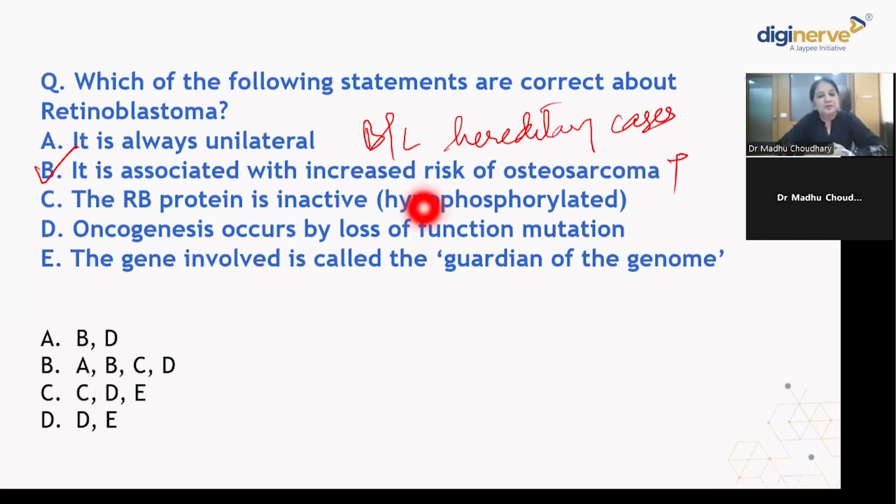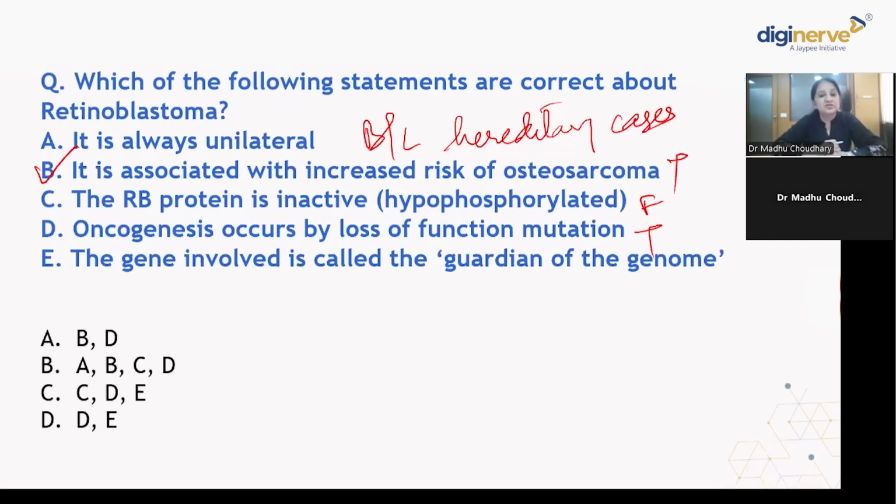The RB protein is inactive or hypophosphorylated? No, oncogenesis occurs by loss of function mutation, not because the protein is hypophosphorylated. So this is false, but the next, oncogenesis occurs by loss of function mutation, is true, right?